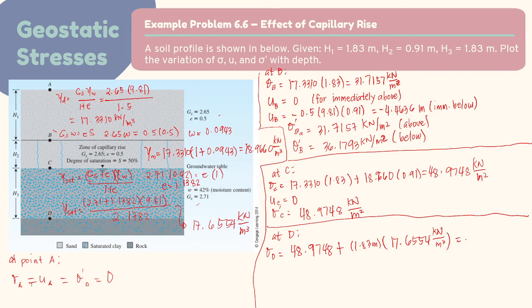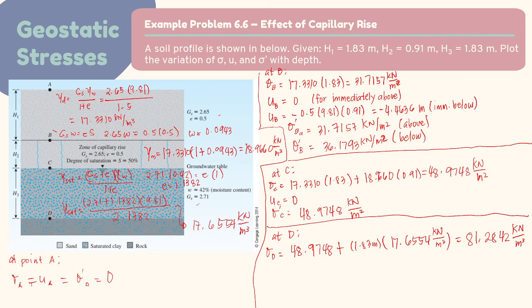So total stress at point D is equal to 81.2842 kilonewton per square meter.